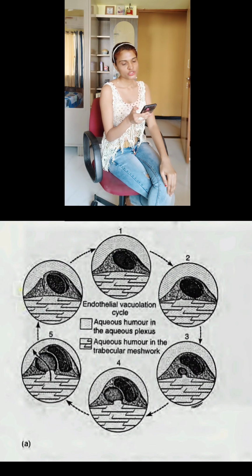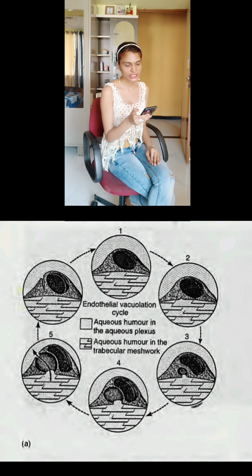Figure 8.23 A. Concept of the cyclical sequence of events in the formation of vacuolar transcellular channels and mechanism of bulk flow of aqueous humor across the endothelial barrier of Schlemm's canal. Initially, vacuoles are formed by a membranous depression or infolding of the basal aspect of the cell surface, stage 2.